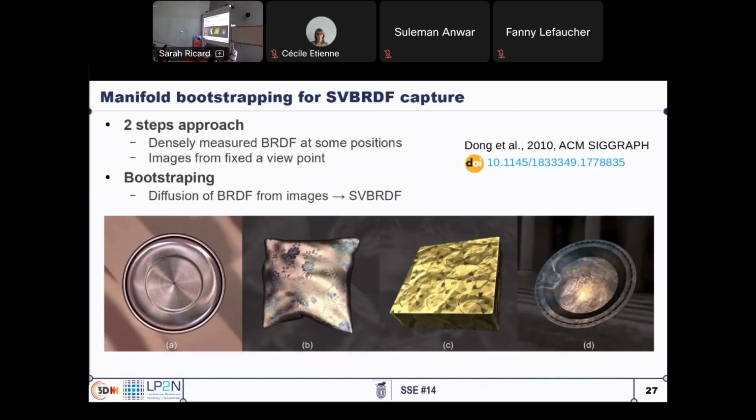At some precise positions, they capture the BRDFs with dense measurements, and after, by similarity, they process less dense measures and propagate these models in order to cover the full variation of the BRDF. So they can create a kind of referential and after spread this referential along with some well-captured images.